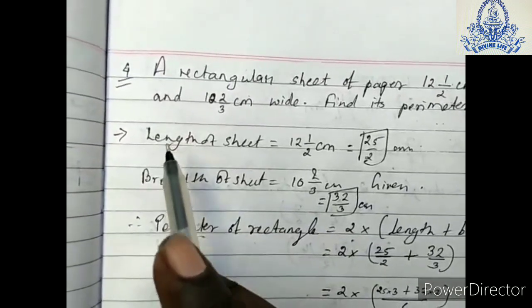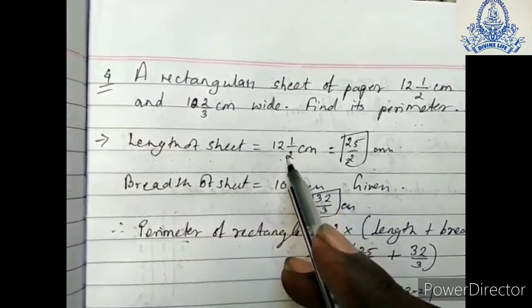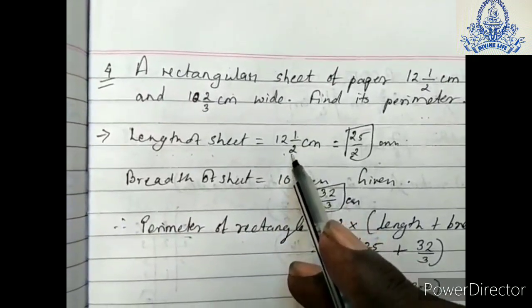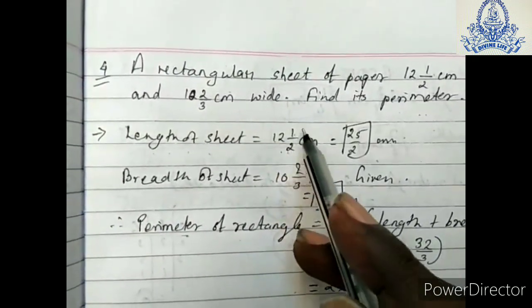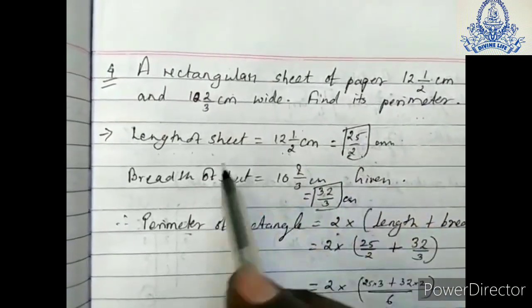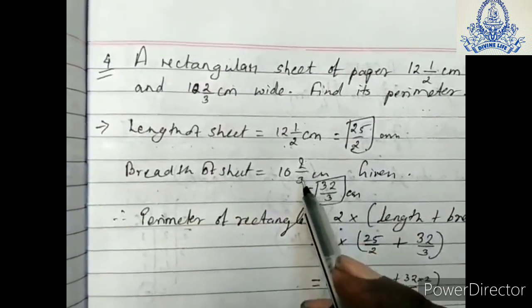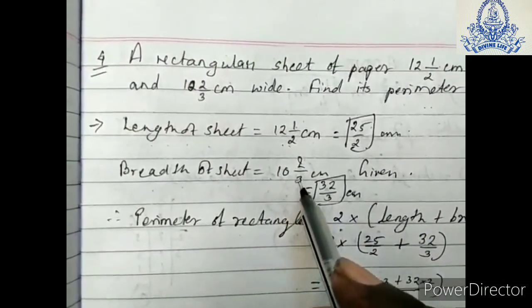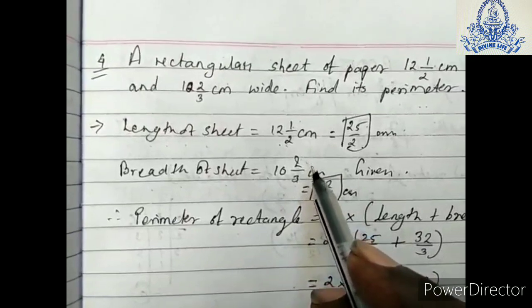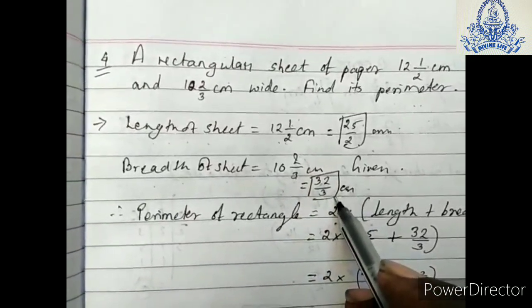First of all, the length of the sheet is given as 12 1 upon 2 centimeter, which we can solve. 12 times 2 is 24 plus 1, 25 upon 2 centimeter. Second, the breadth of the sheet is given as 10 2 by 3 centimeter, so it will be 10 times 3 is 30 plus 2, that is 32 upon 3 centimeter.